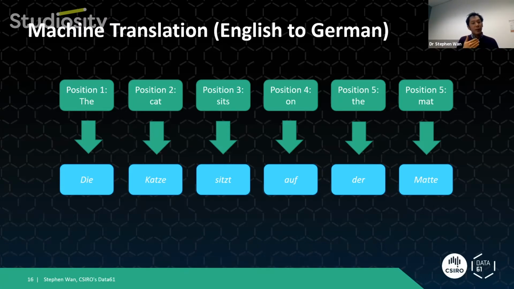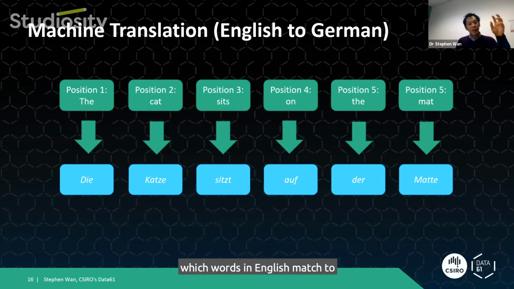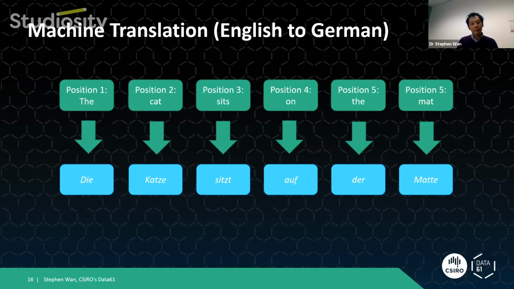And so the way that these machine learning algorithms work for translation is that they see thousands upon thousands of these pairings of sentences with their sample translations, and they simply memorize which words in English map to a corresponding word in German and under which contexts these mappings are valid.